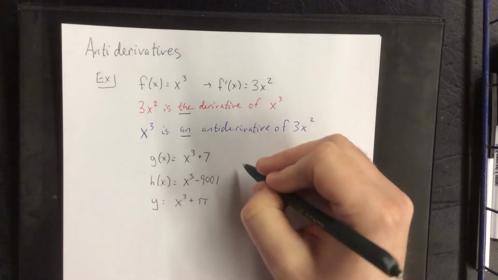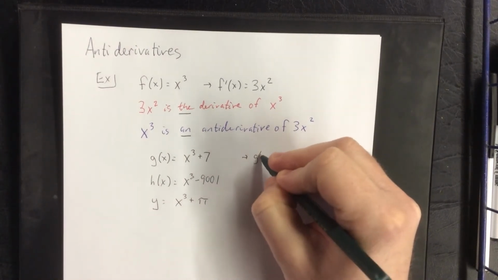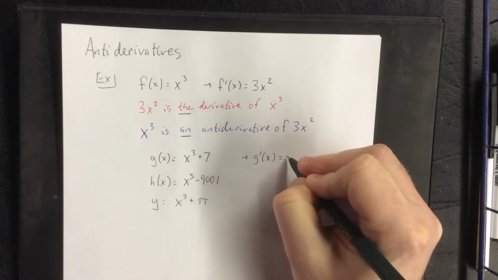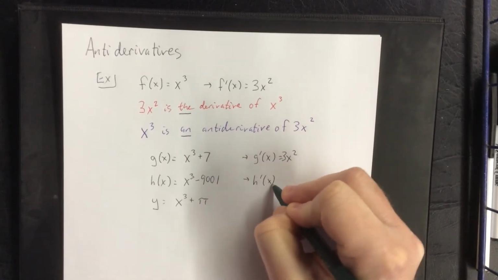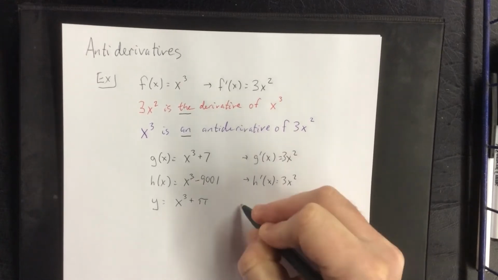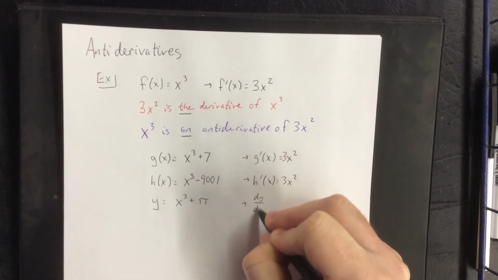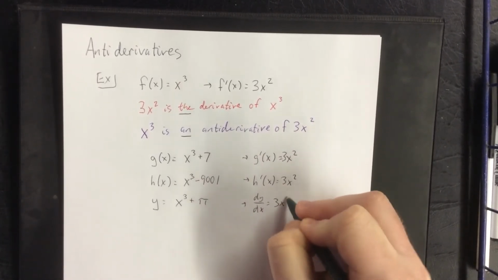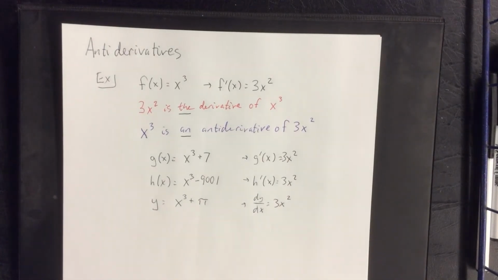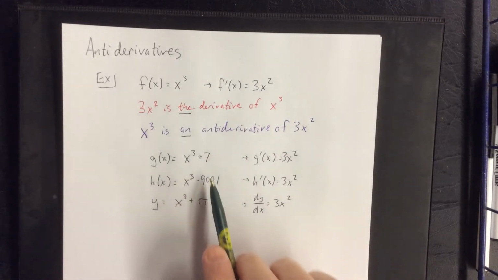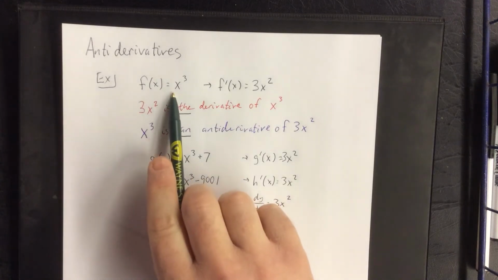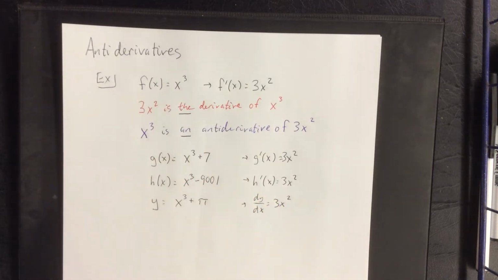In all three of these instances, if I were to take a derivative of each of these, I would wind up with the same thing in every single case. As soon as I take that derivative, I wind up getting 3x squared. So technically, an antiderivative of 3x squared could be any of these functions, or it could be this original f of x that we had up top.